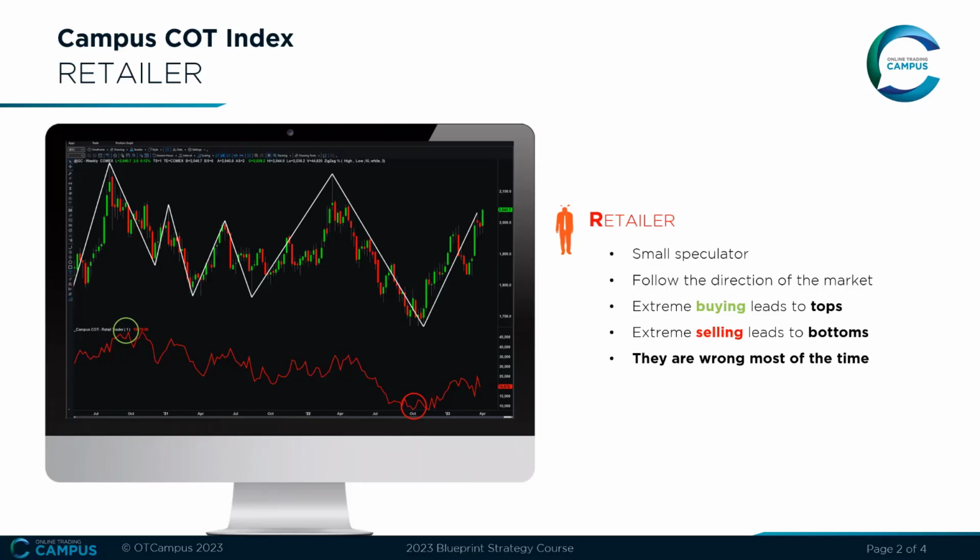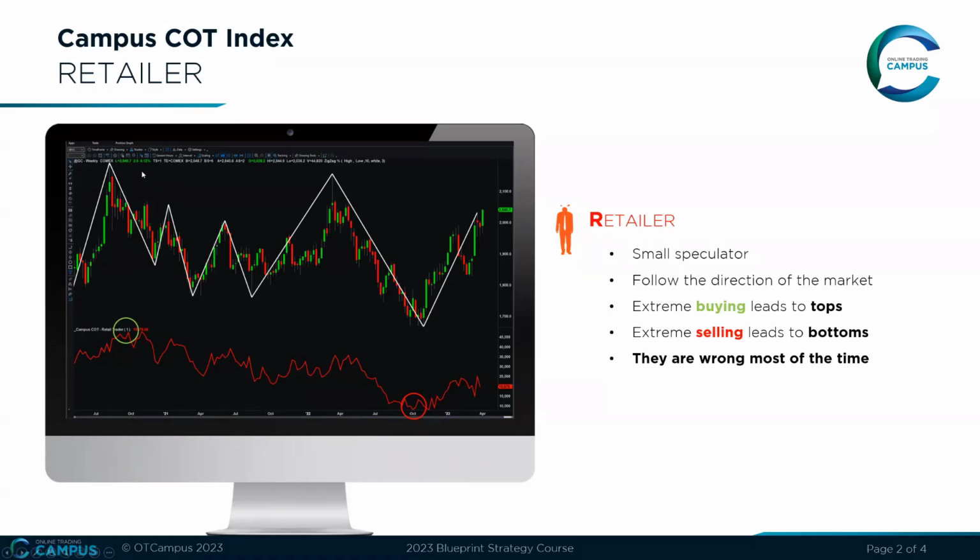The market usually tops. And when they're extremely bearish, or extremely fearful, the market is usually about to start a rally, because these people may be right for a while, but they cannot be right for a very long time. And that's also not my opinion. We can see that over and over again as we look at the COT net.